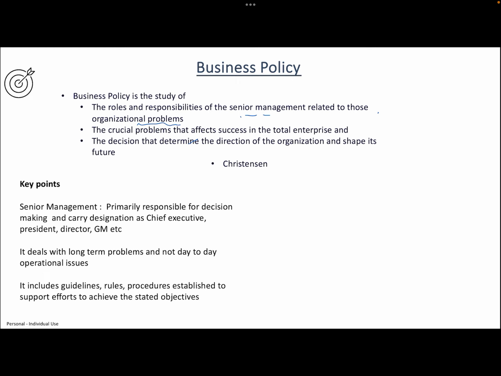What are the problems which senior management has to look into? They have to look into crucial problems which will affect the success of the total enterprise.